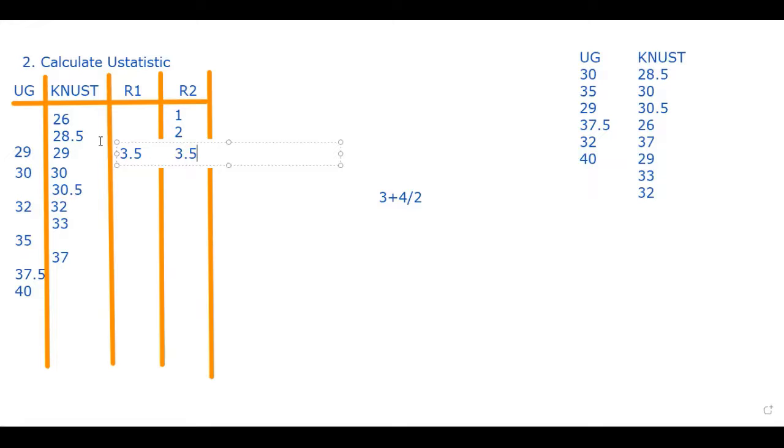So what do you think the next position will be? I think fifth and sixth. Good. Don't say fourth, because we just used third and fourth to calculate the 3.5, 3.5.